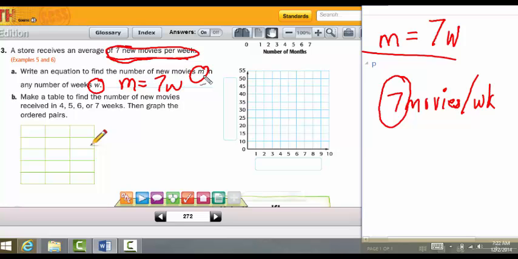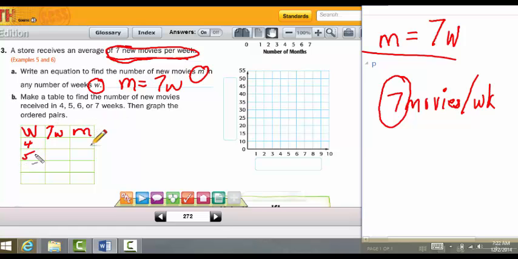Now letter B says make a table to find the number of new movies received in 4, 5, 6, or 7 weeks, and then graph those ordered pairs. So the first thing we're going to do is say that our input is W, our calculation is going to be 7 times W, and our output is going to be movies. And they asked us to do it for 4, 5, 6, and 7.